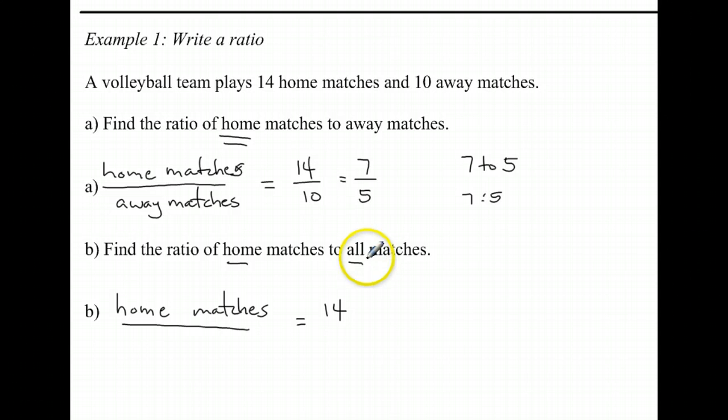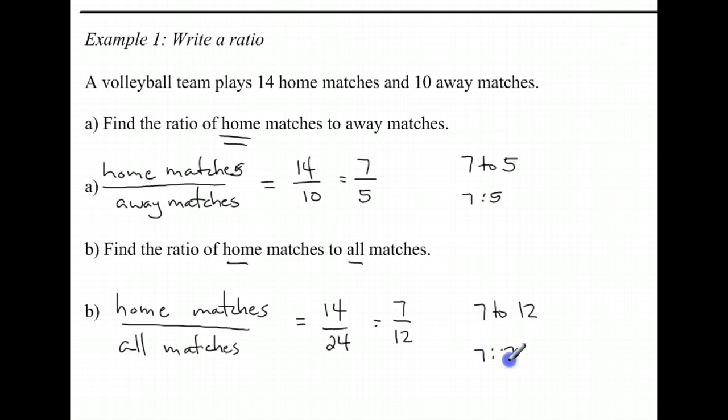The all matches, well, 14 were home and 10 were away, then the number of all matches that the volleyball team had would have been 24. Again, it's not reduced, so I'm going to simplify that as 7 over 12, or 7 to 12. Likewise, you could have written that 7 to 12, or 7 to 12. I would have accepted either.